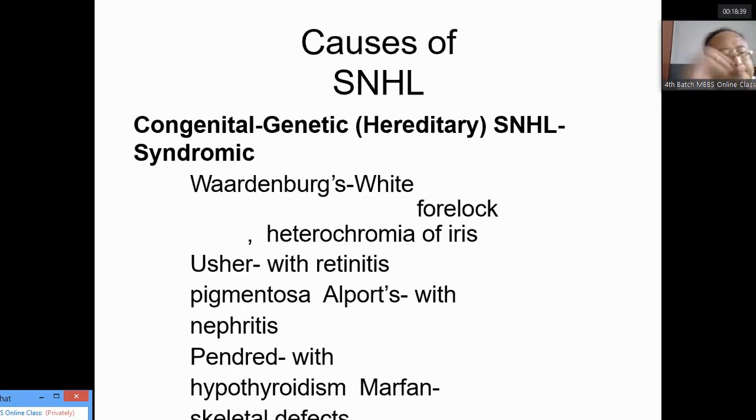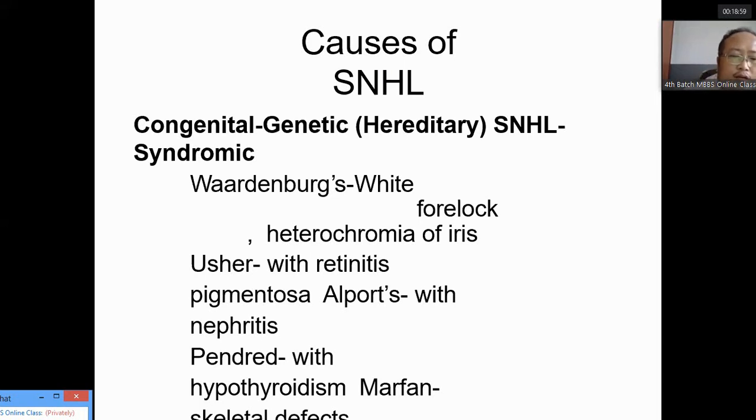Congenital hereditary sensorineural causes, the most common or most specified, are Waardenburg's, Usher's, Pendred, and Alport syndrome.